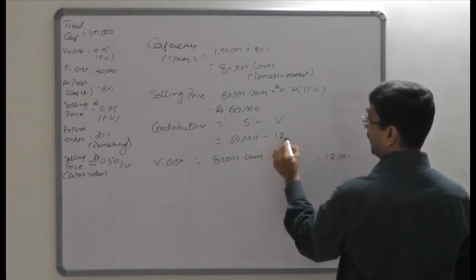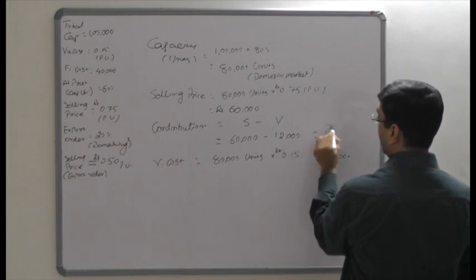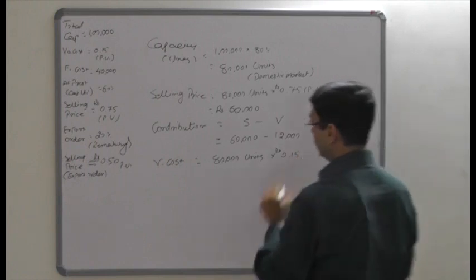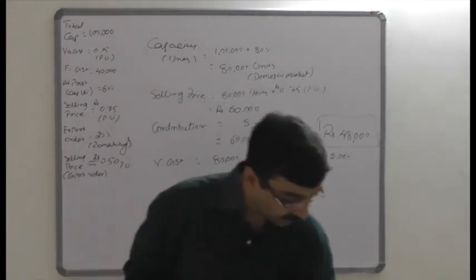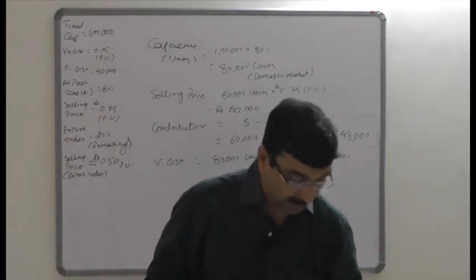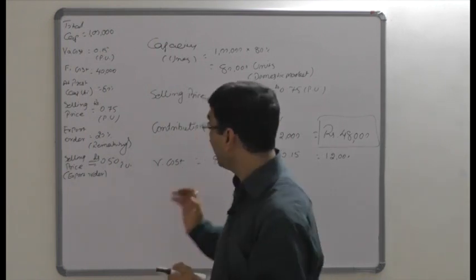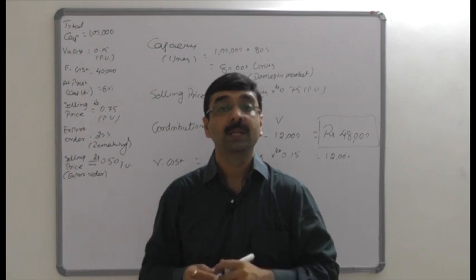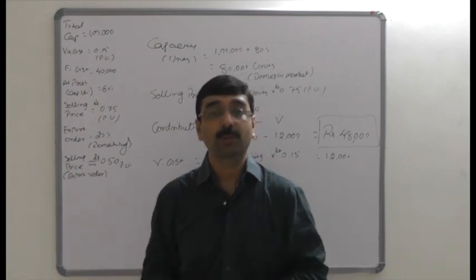So 12,000 is their variable cost. So rupees 48,000 is their contribution. Is that clear? It means the company has 48,000 rupees of contribution after selling 80,000 units in the domestic market.